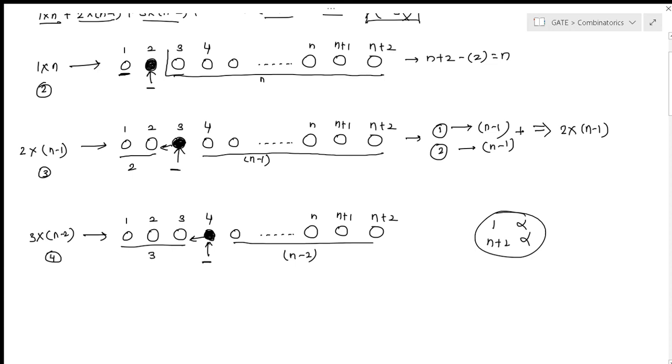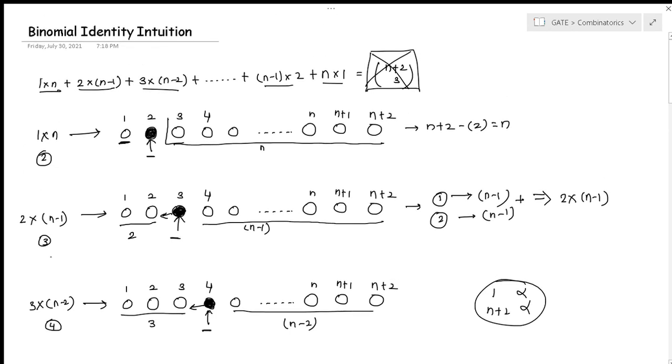If my middle element is different each and every time, then there is no way that I am over counting, because I am counting each and every element's combination only one time, correct? So I hope this has given you a very good intuition and the understanding of why these terms are like that and how they are working.